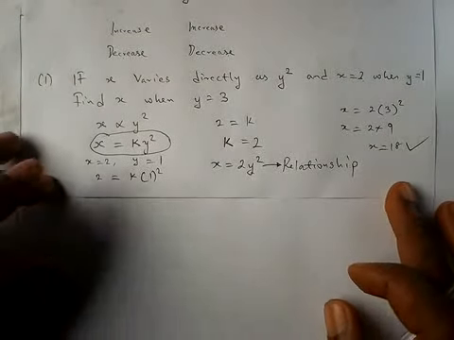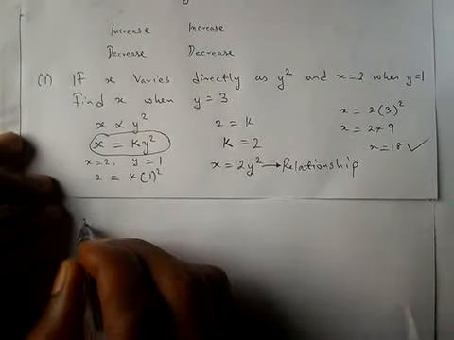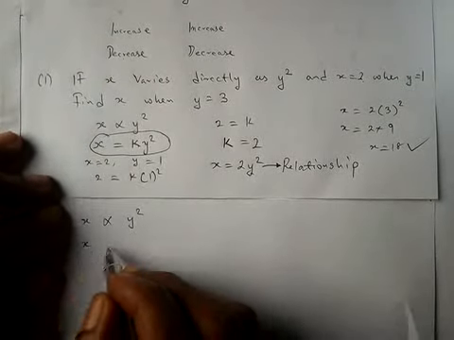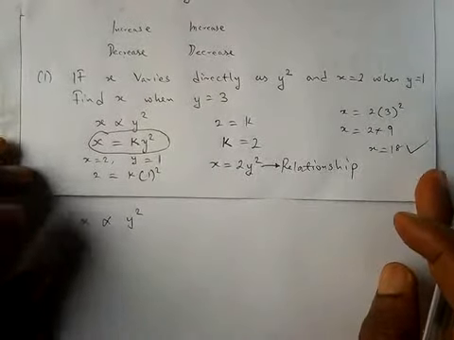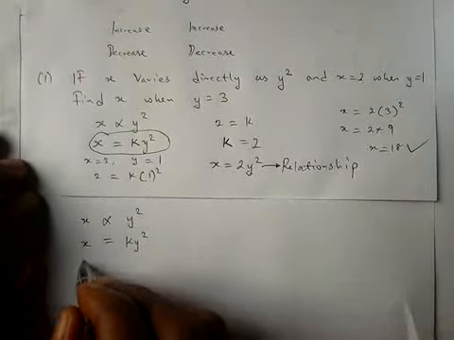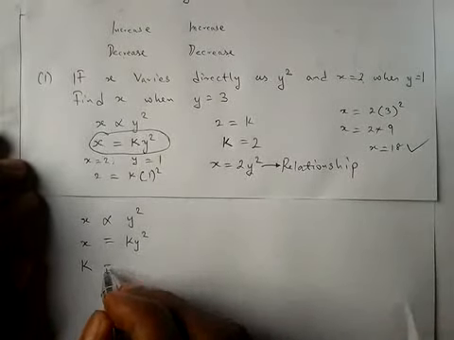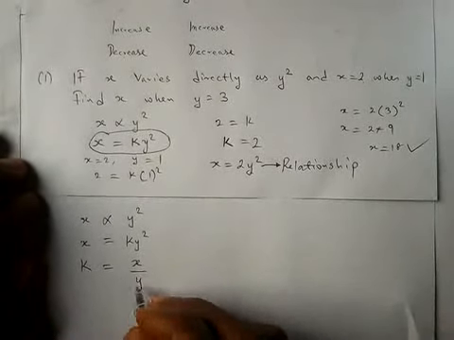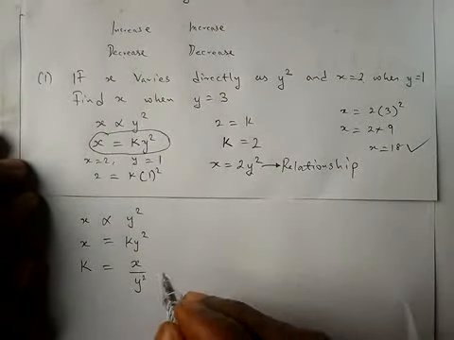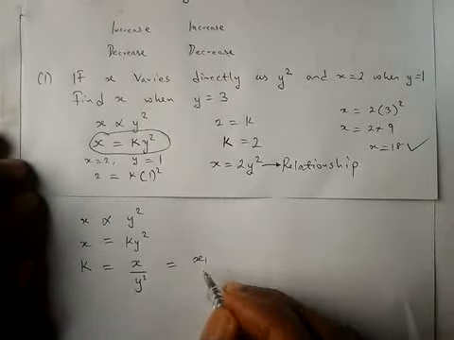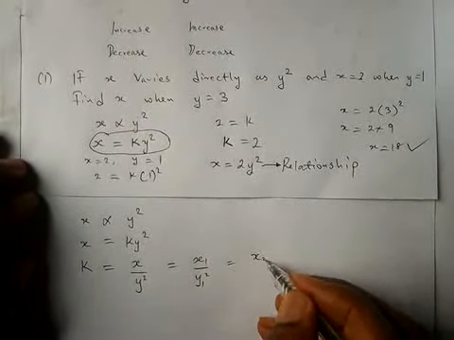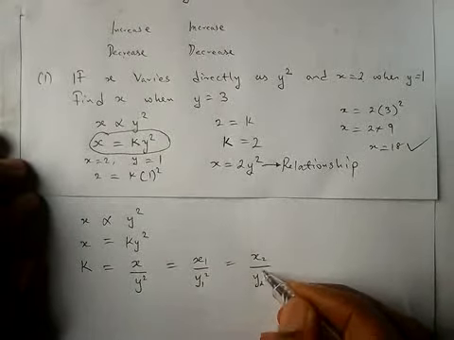This same expression, s varying directly as y squared, meaning that s is equal to k y squared, makes k the subject of the formula, giving us k equals s over y squared. If this constant is true at any time, it means that s1 over y1 squared is equal to s2 over y2 squared.